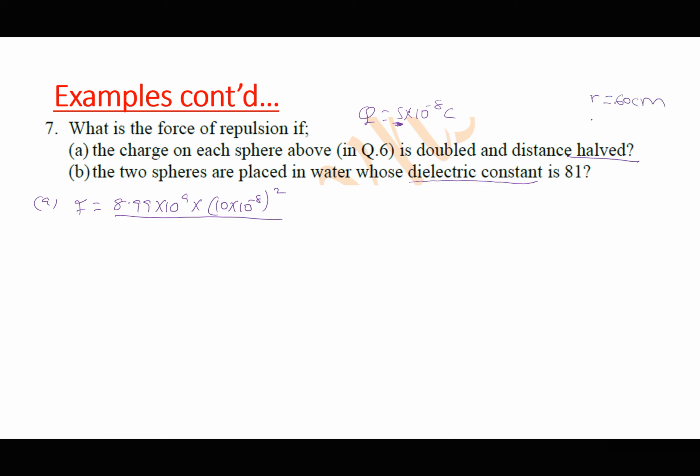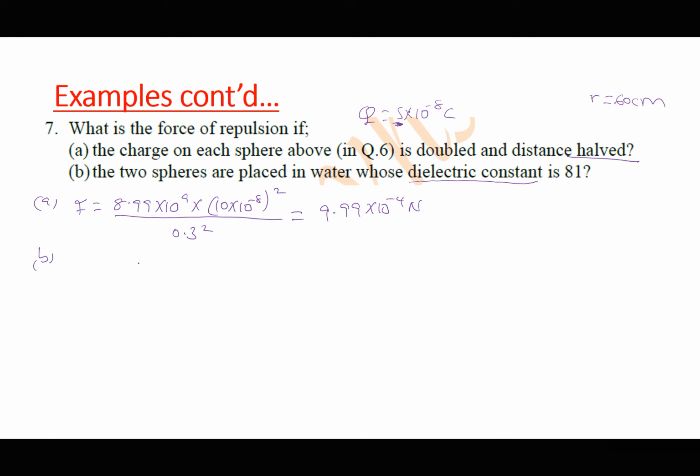Now it is halved, so r is now 30. So this will be over 0.3 squared. Then we press our calculator. Pressing the calculator, I get 9.99 times 10 power negative 4 newtons.